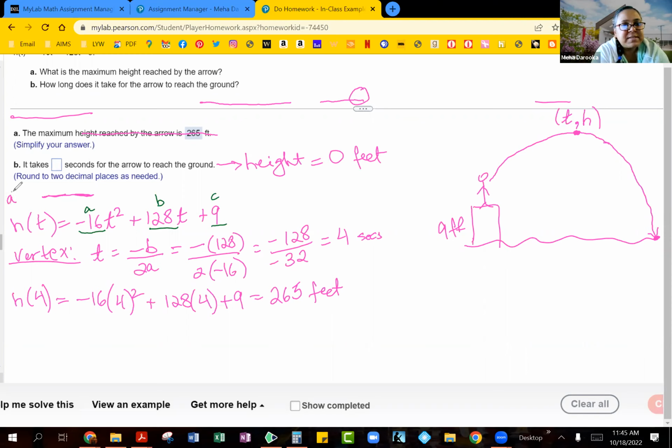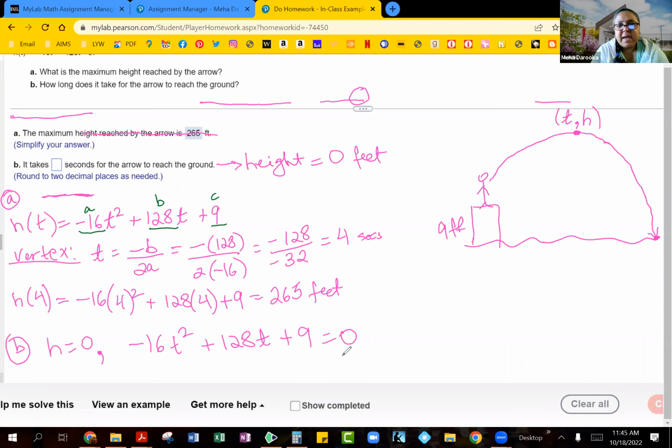So think of the previous as part A. Now for part B, you're going to take your height and set it equal to 0. So this becomes negative 16t squared plus 128t plus 9, and instead of h of t, you're replacing that with a 0.